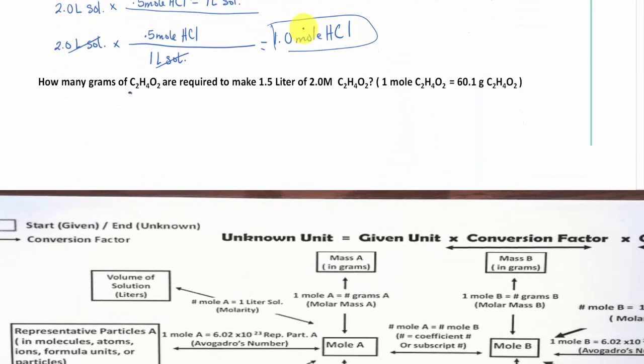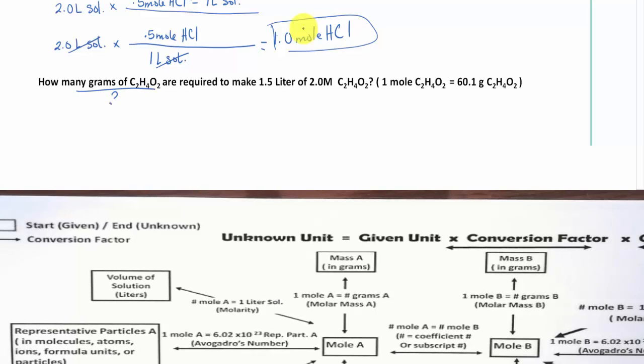How many grams of C2H4O2 are required to make 1.5 liter of 2.0 molarity of C2H4O2, and given the molar mass of 1 mole of C2H4O2 is equal to 60.1 grams of C2H4O2. Well, that's a mouthful. But we know that this is our unknown.